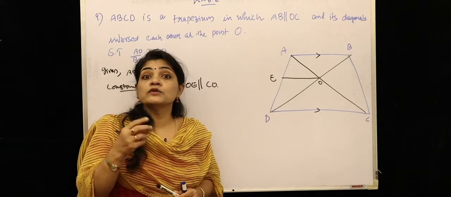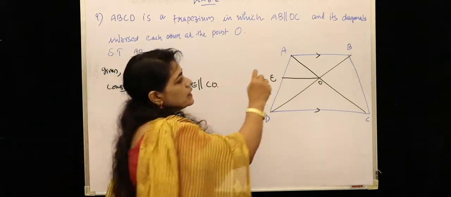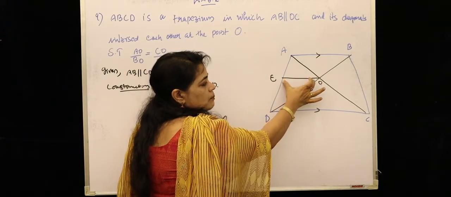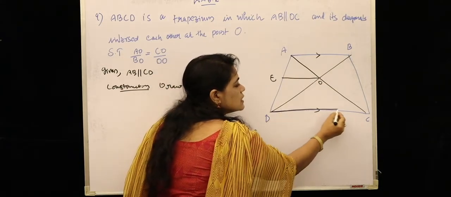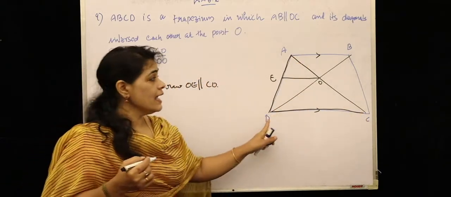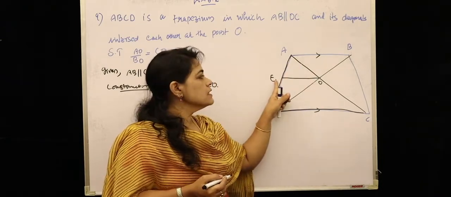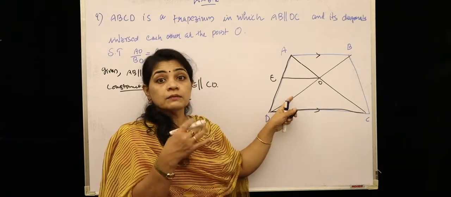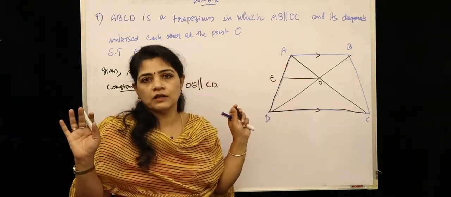See children, this helps you to apply the basic proportionality theorem. OE is a line parallel to CD, so we have to consider triangle ADC. In triangle ADC, since OE is parallel to CD, you can apply the basic proportionality theorem, which means the other two sides are divided in the same ratio.